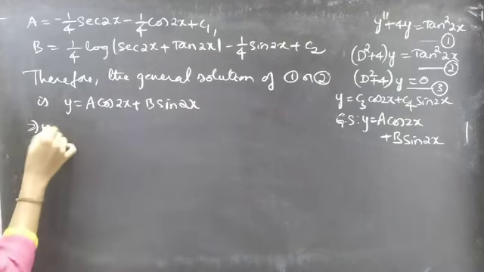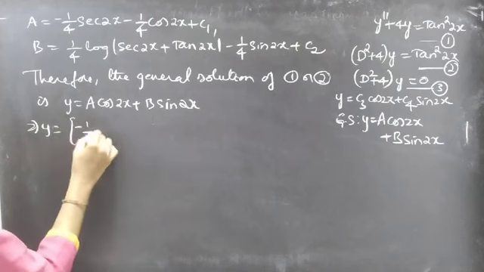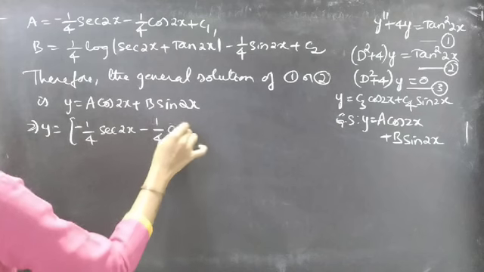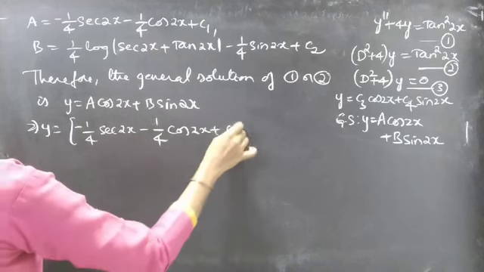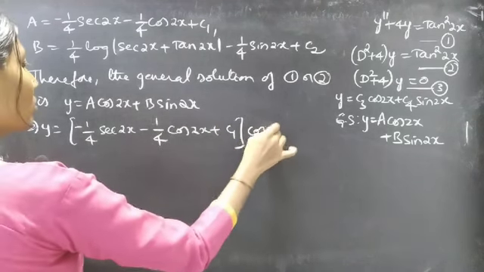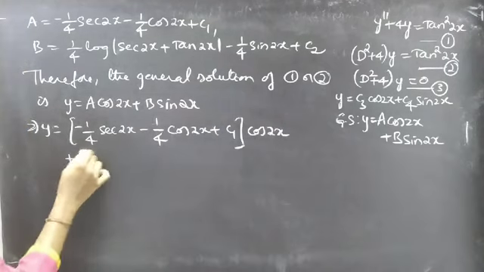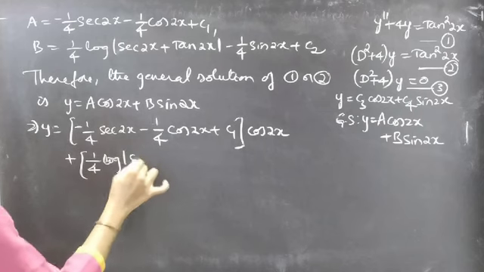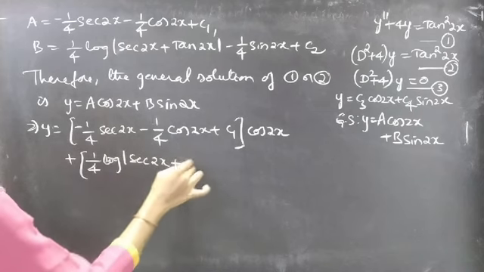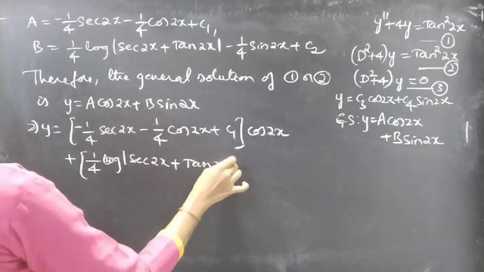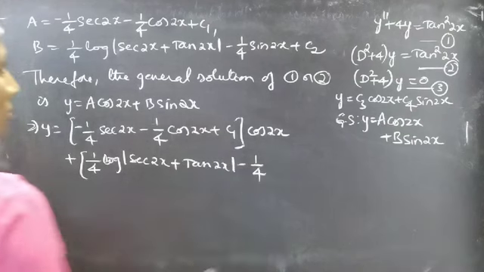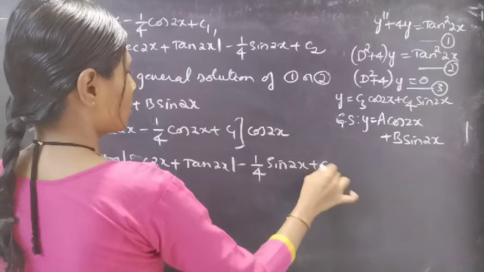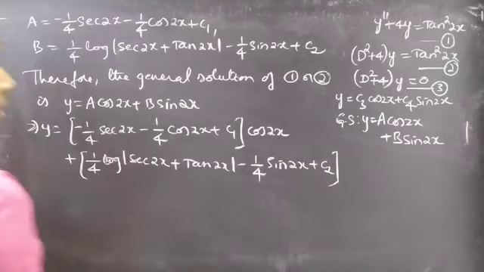We'll get y equal to a, that is minus 1 by 4 secant 2x minus 1 by 4 cos 2x plus c1, into cos 2x, plus b, that is 1 by 4 log mod secant 2x plus tan 2x minus 1 by 4 sin 2x plus c2, into sin 2x.